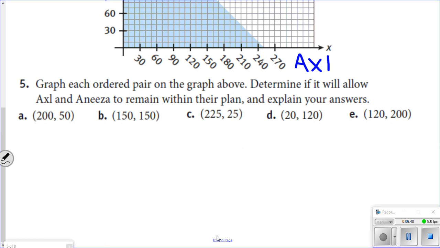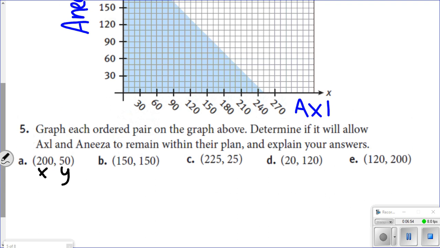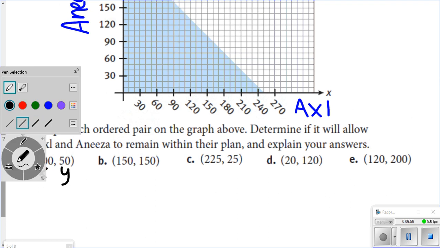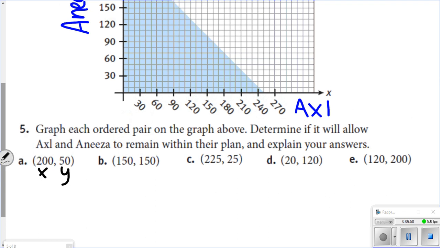So over to 200 on your X, up to 50 on your Y. Okay, so if I plot that point, oh wait, let's look at what each little teeny box is. 30 divided by 3 is 10, so each little box is 10 if that helps you. So 200 is here, up to 50 would be right there.